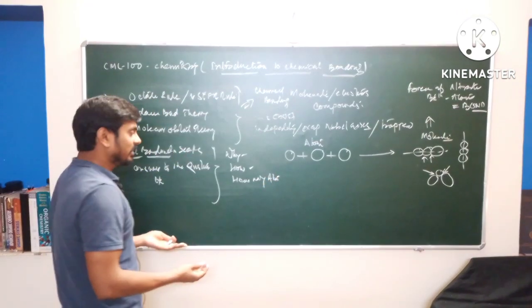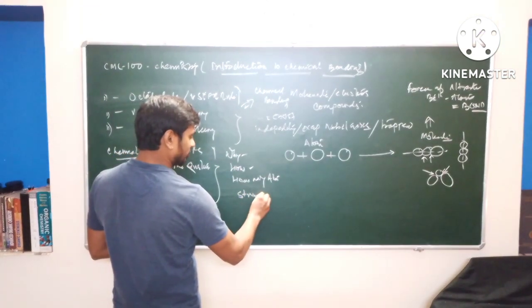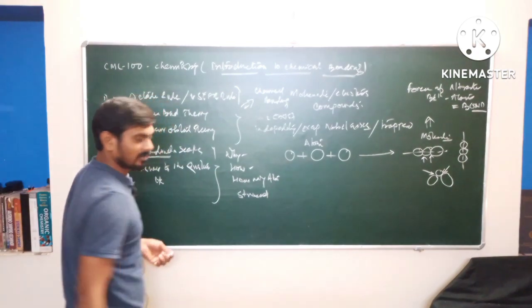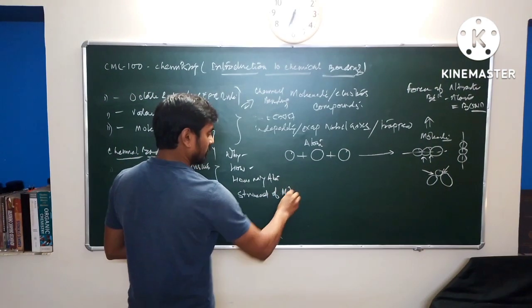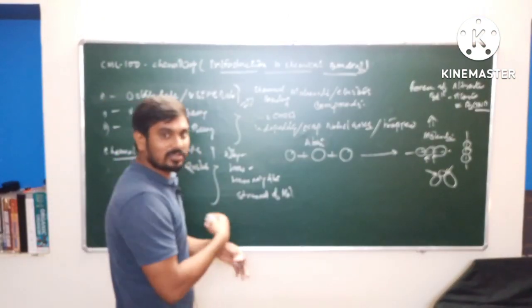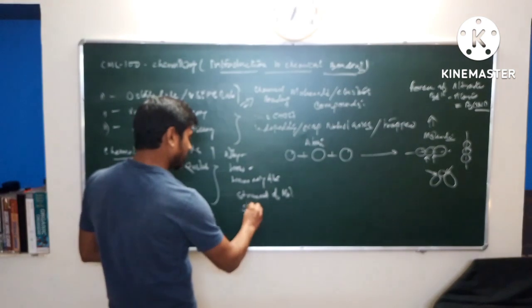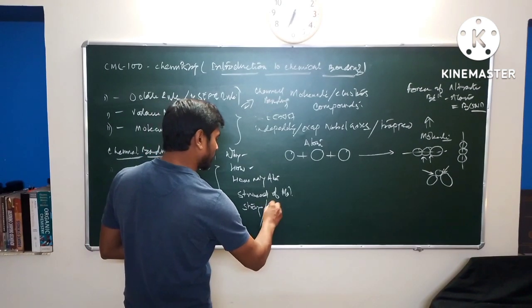And if they combine, what would the structure of the resulting molecule be? Structure of the molecule. And one more thing, if they combine, what is the strength of their combination? Strength. Strength of combination means strength of bond simply.